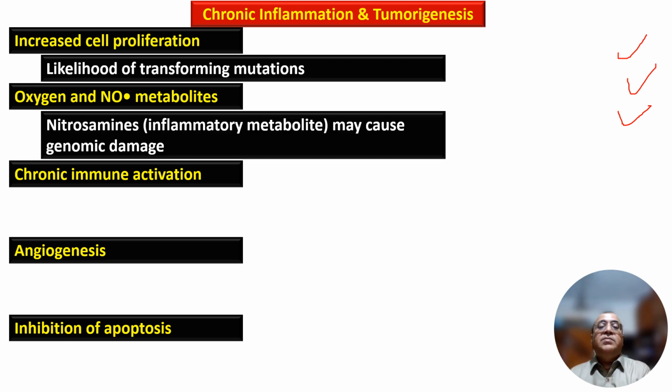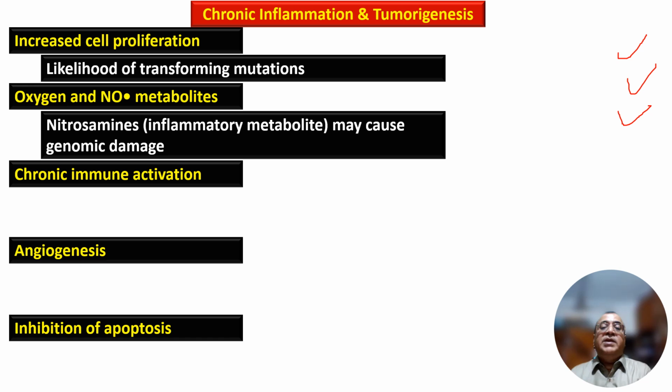The mechanisms that promote are chronic stimulation, cellular proliferation, and increased risk of mutation and transformation of the cell into a malignant one. And there can be oxygen and nitric oxide metabolites.